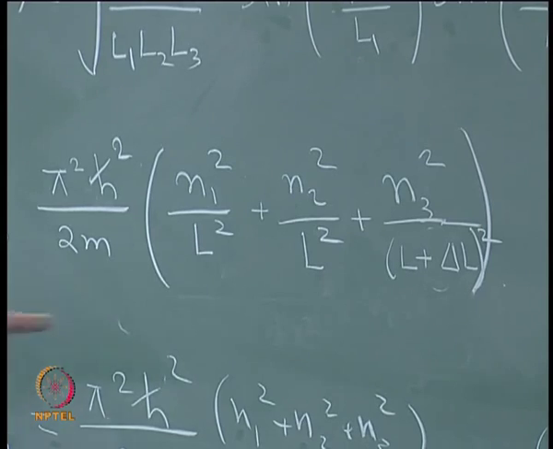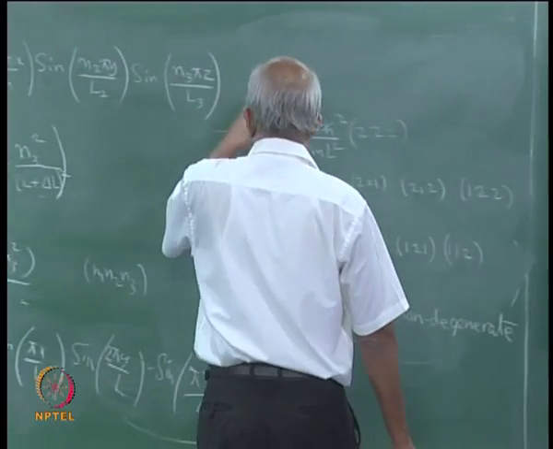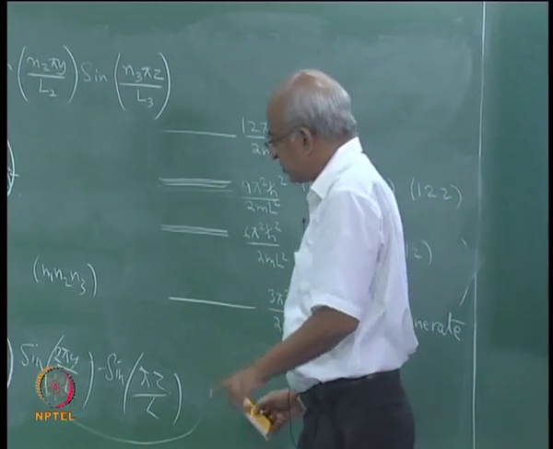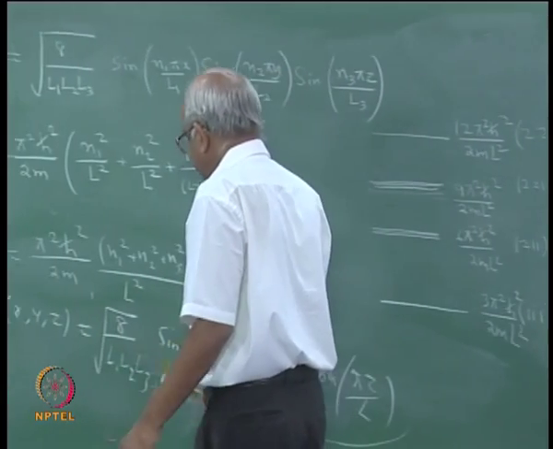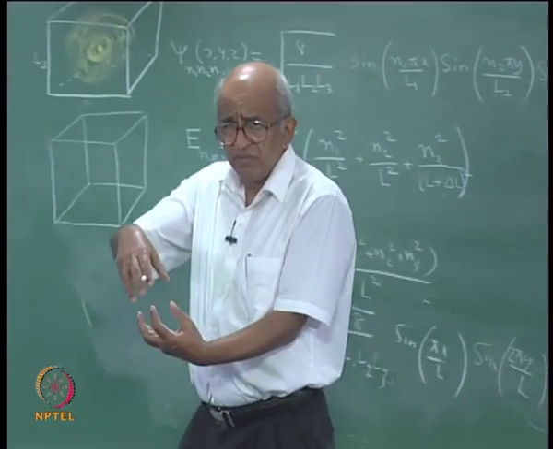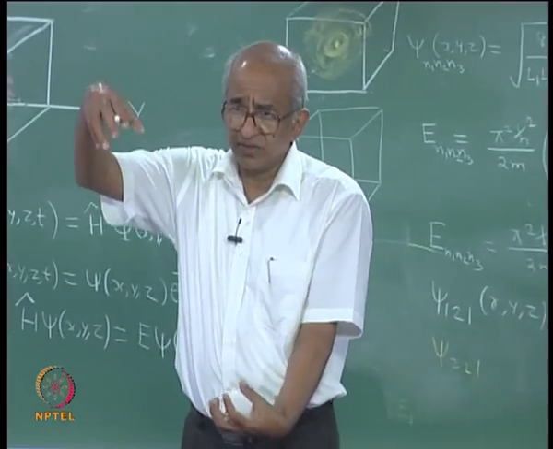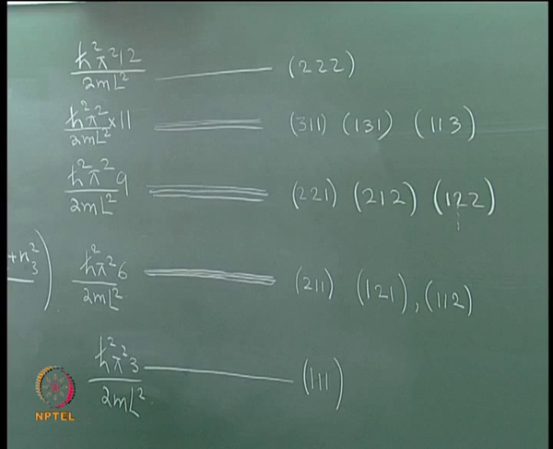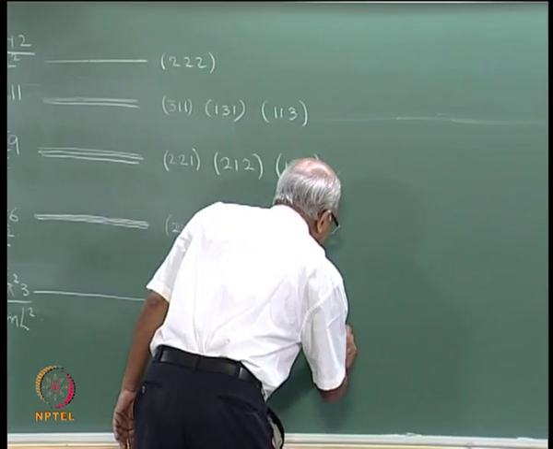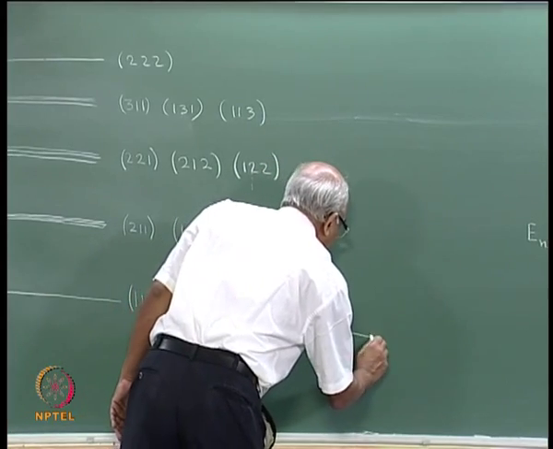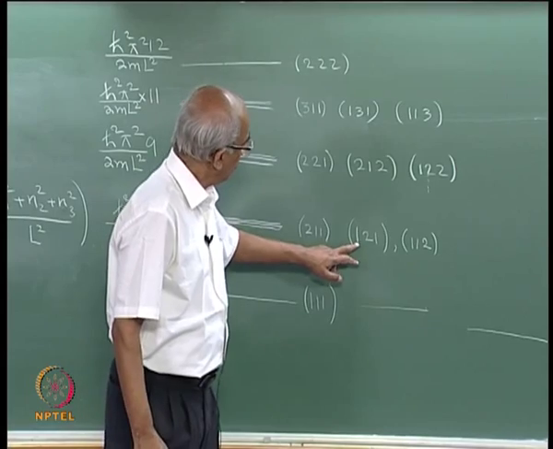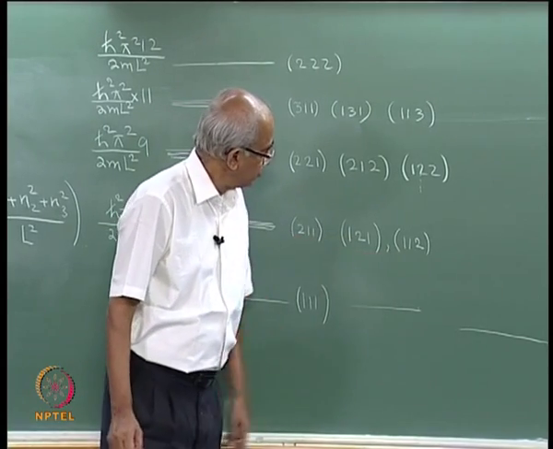The picture that I have drawn here is for the perfect cube, but suppose I decrease the symmetry of the system by stretching the box, then what will happen to the energy levels? Of course, this energy level 111 will get lowered a little bit, and then what will happen to 211, 121 and 112?